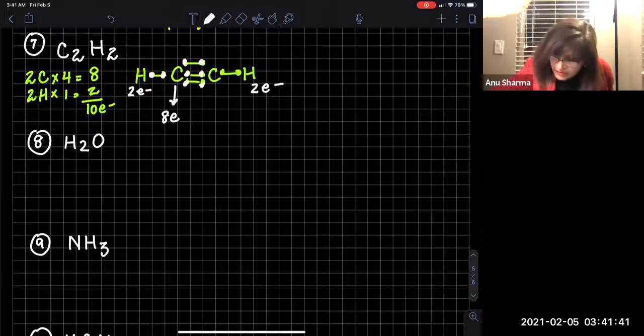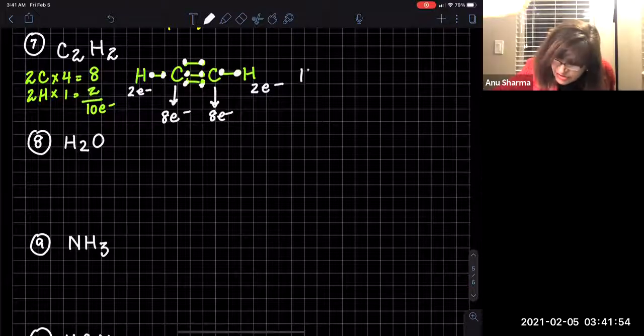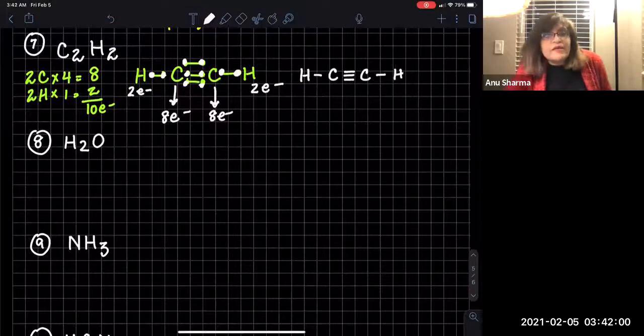And this carbon also has 8 electrons, 6 from the left-hand side, and then these 2 from the right-hand side. So the real structure is H, C, triple bond C, H. So for these types of molecules with lots of carbon and hydrogen, carbon goes in the middle first.